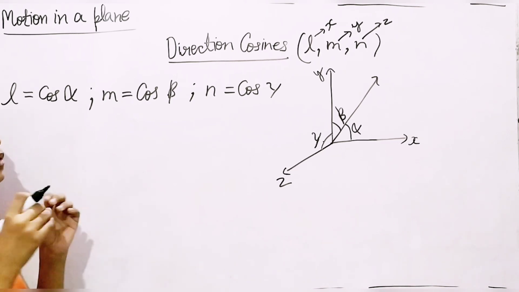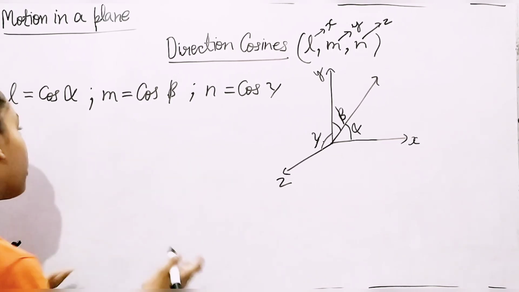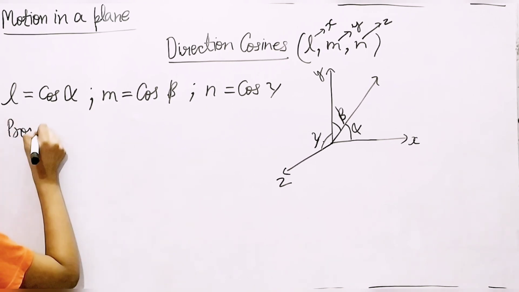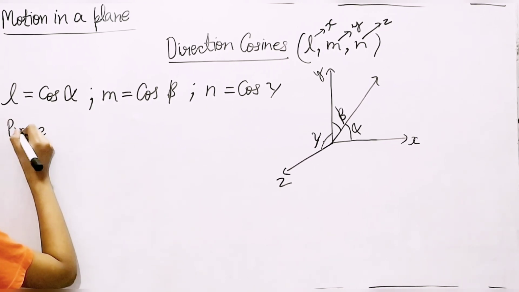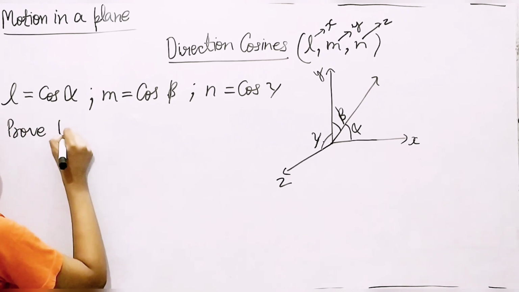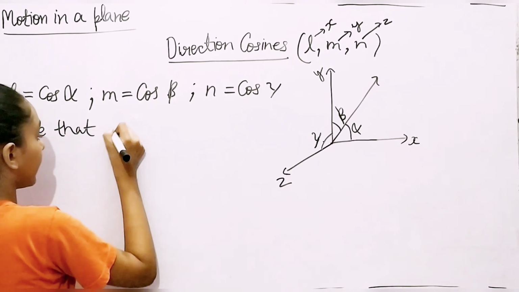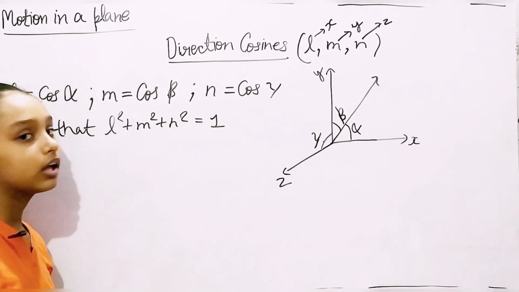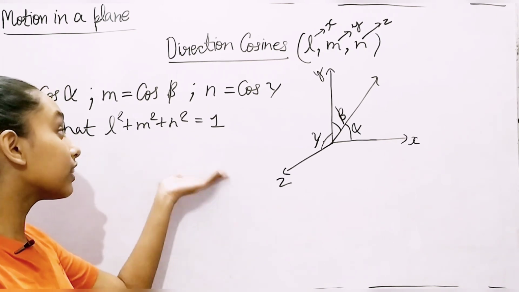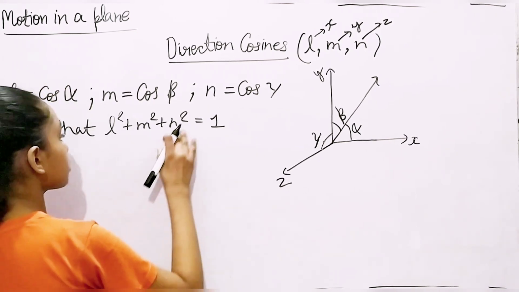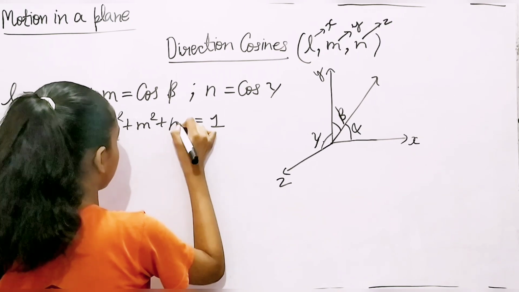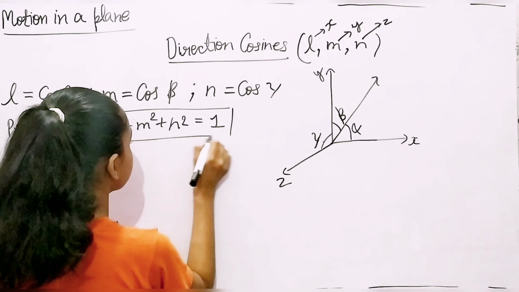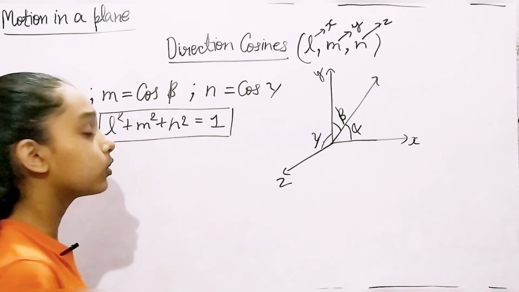So we have to prove something here. We have to prove that L squared plus M squared plus N squared is equal to 1.